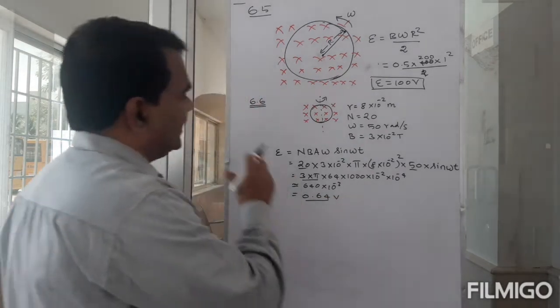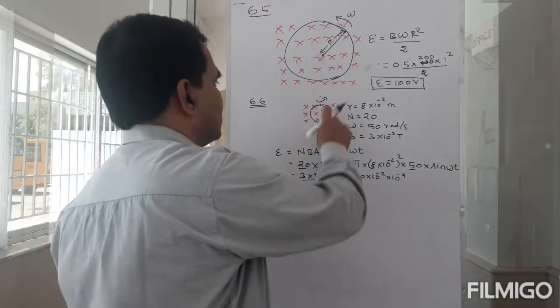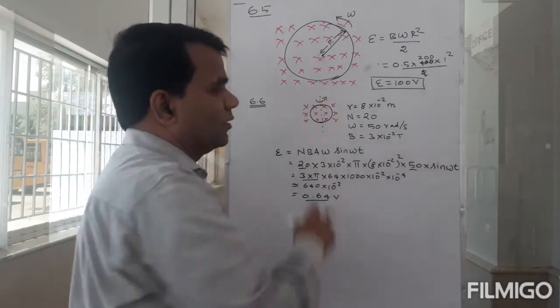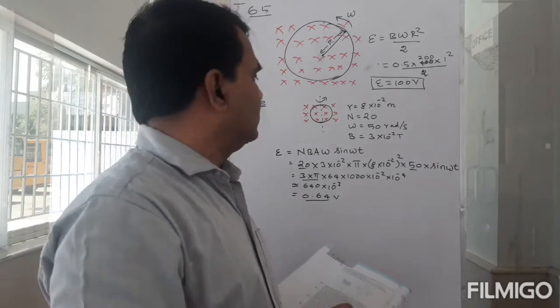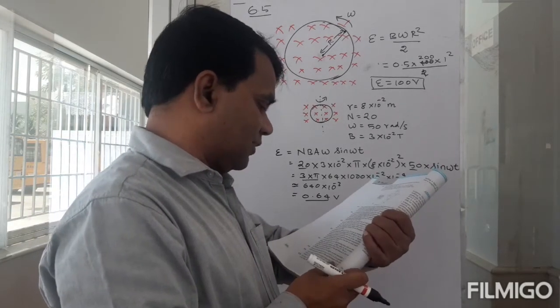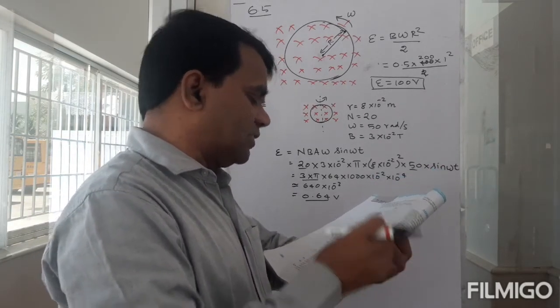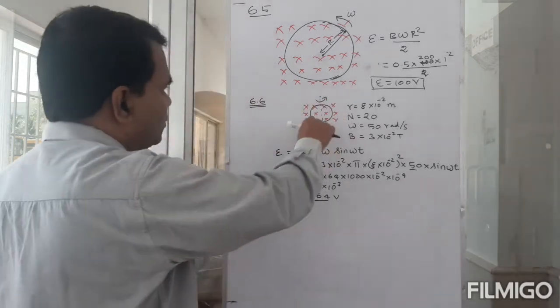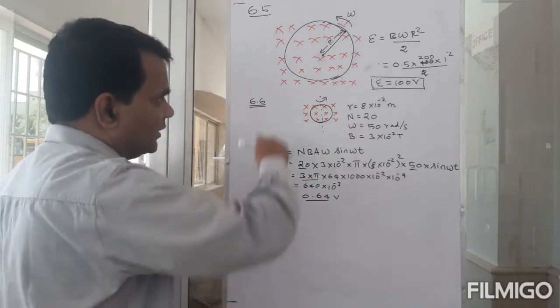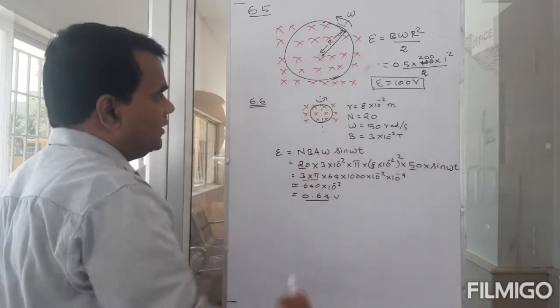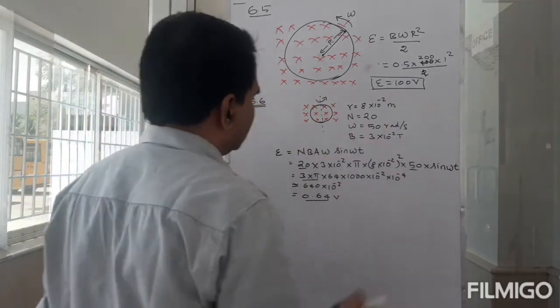Okay. So that's the EMF induced in this coil of 20 turns. And the resistance is also given. If the coil forms a closed loop of resistance 10 ohms, then clearly the current would be flowing in that coil.